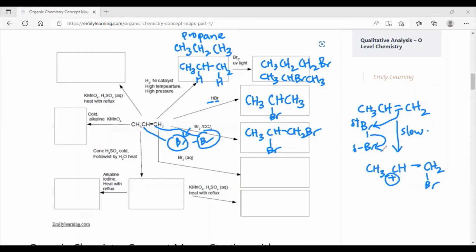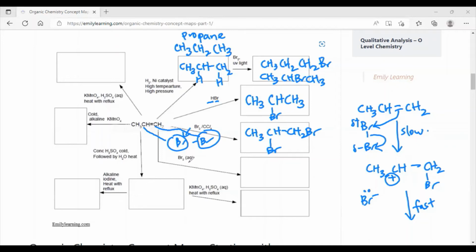All right, now, once we have formed this carbocation, next we'll move on to the fast step. In this fast step, because we have a carbocation, anything that is negative will react with it. So what negative species do we have? Well, we have Br minus that is formed because this Br bond breaks and these 2 electrons go to this Br, so you have a Br minus here.